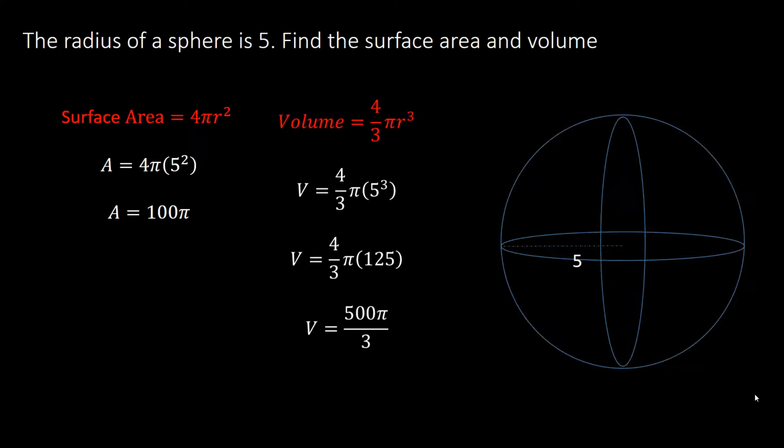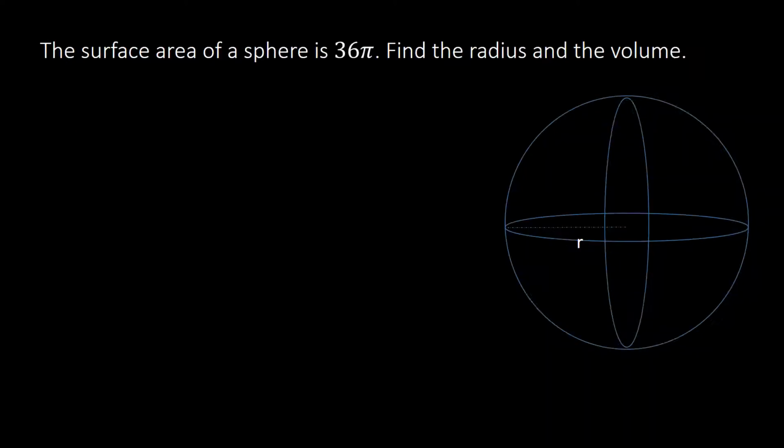You could multiply by pi and divide by 3 to get an actual number answer, or you could divide 500 by 3 to get some number times pi and leave pi in there. Either is fine, it doesn't matter which way you write this.